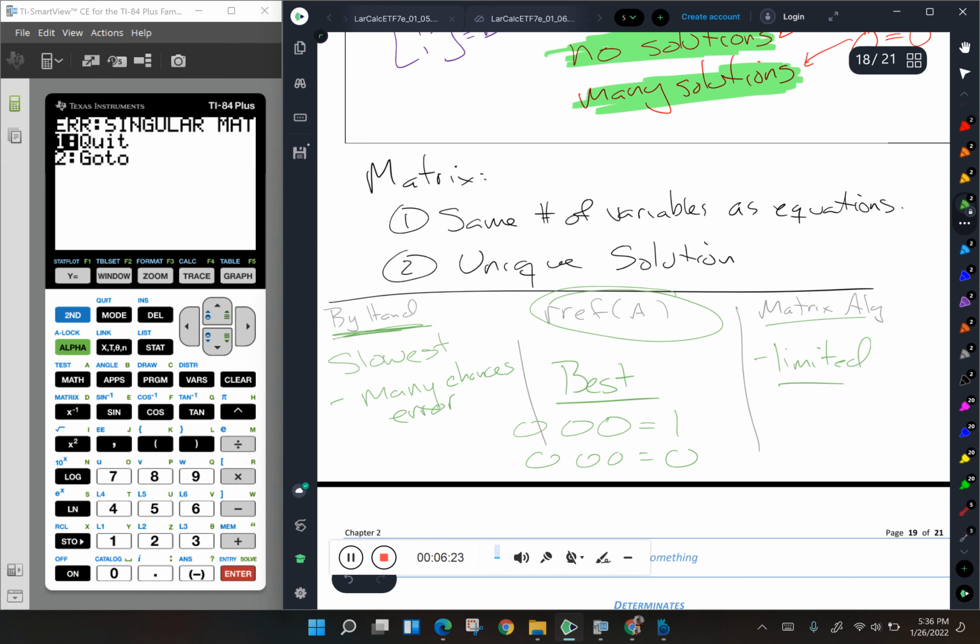It only works when it works, and when it doesn't work, it doesn't tell you why it doesn't work. It can't tell the difference between no solutions and many solutions. So just be careful. Use this one when you can. Use the other 2 when you have to. But just recognize that there's a lot of tools out there to get the job done. Some are just better than others.